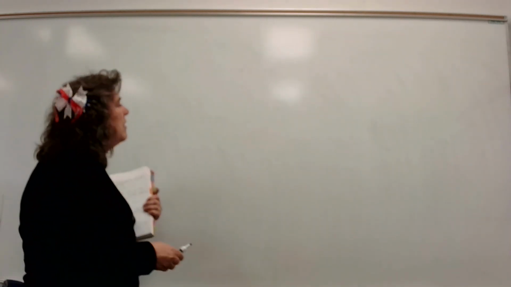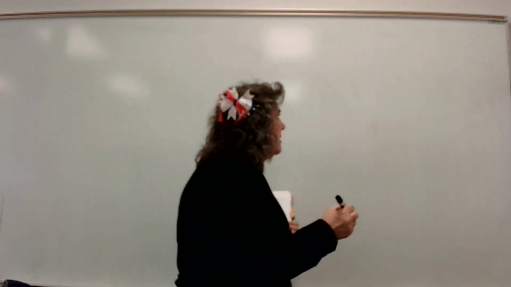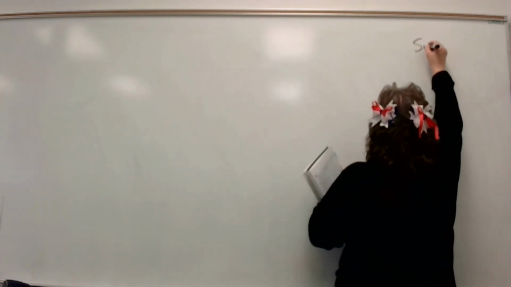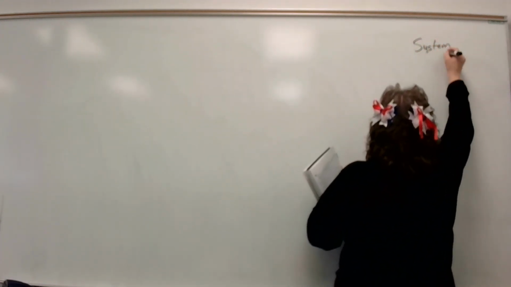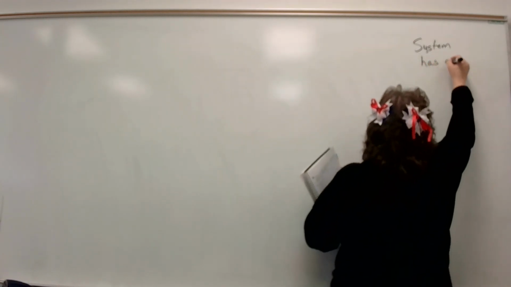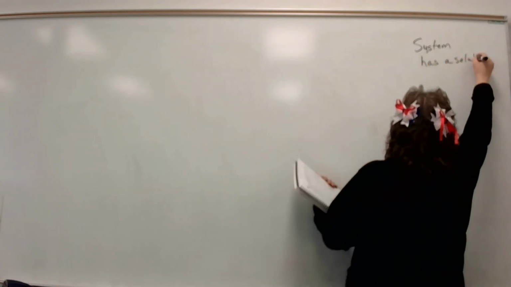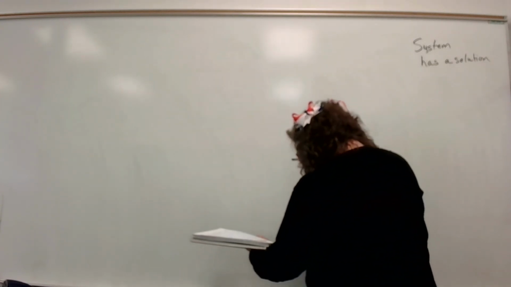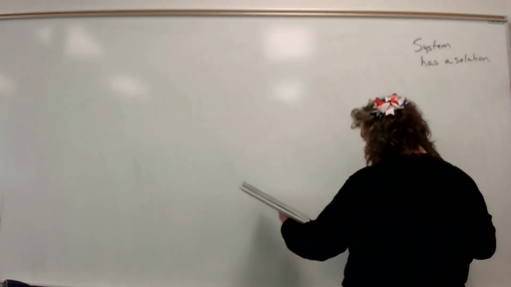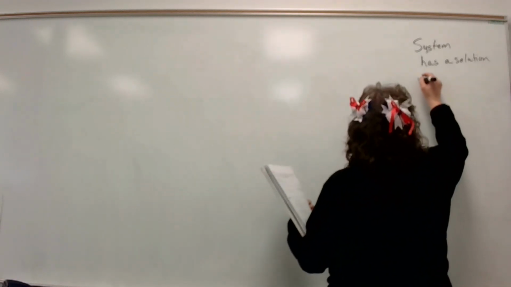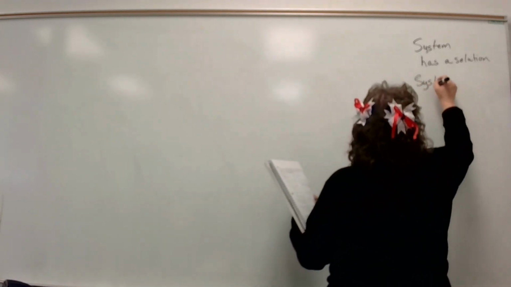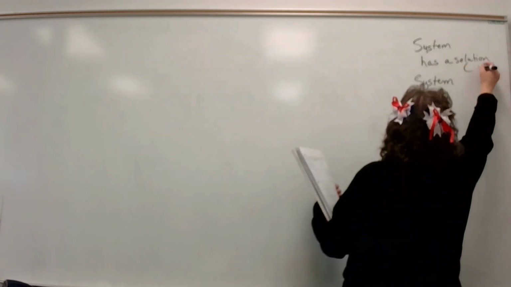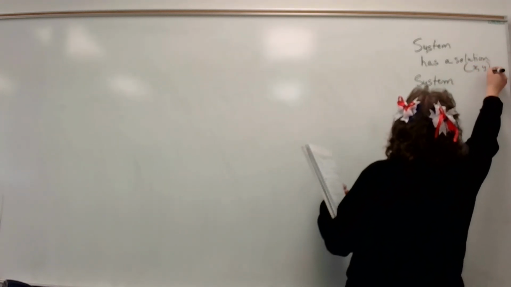Okay, first of all, we have two possibilities. The system either has a solution, or we can have a system that does not. When it has a solution, you're going to get an xy ordered pair, okay?